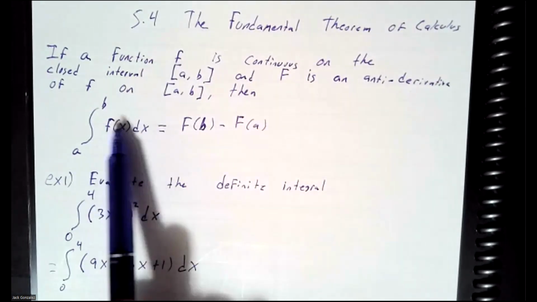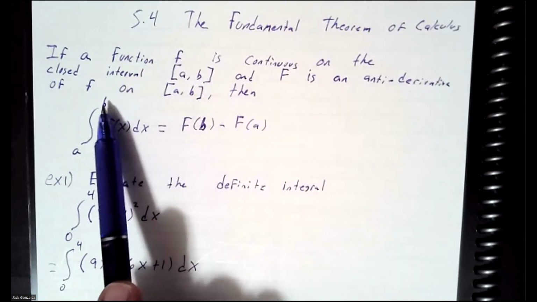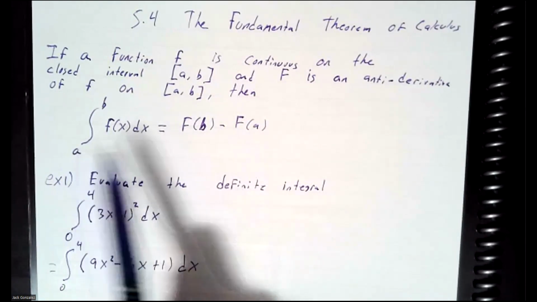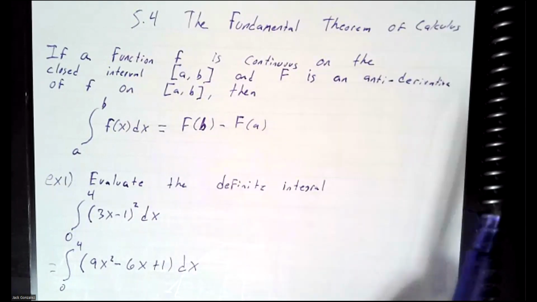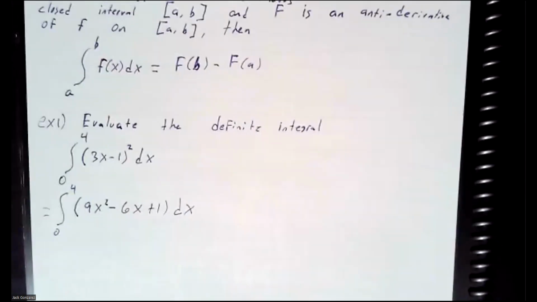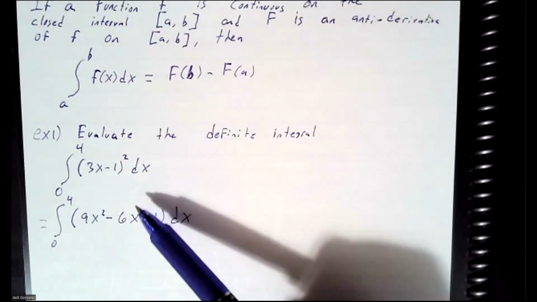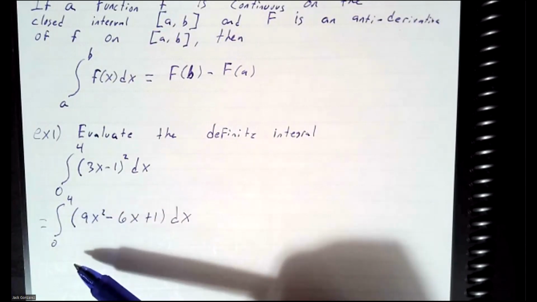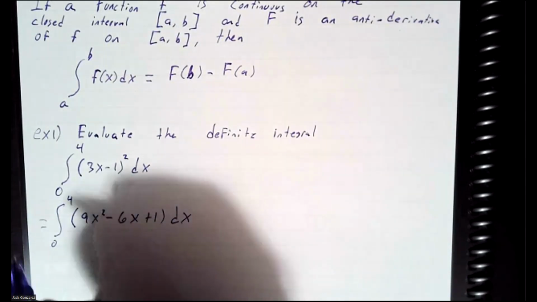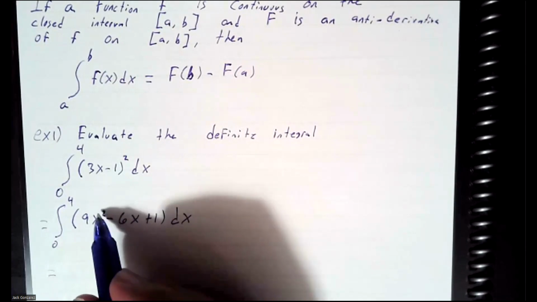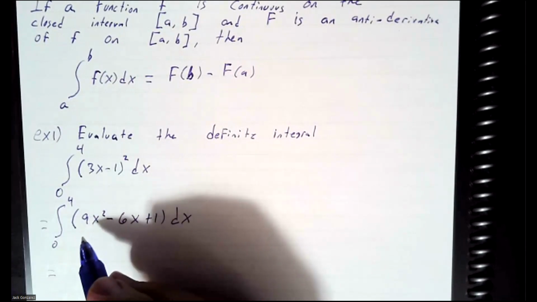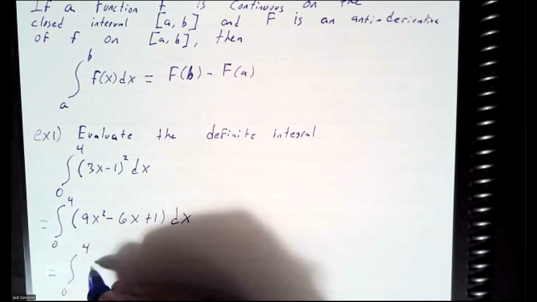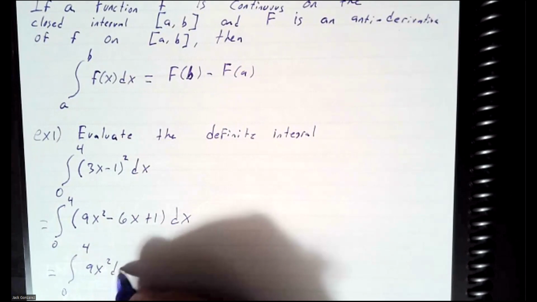You find the antiderivative and plug in the b, the upper bound, and subtract the function evaluated at the lower bound. So just do a minus and that's it. So example 1, do the antiderivative and then deal with the 0 to 4. And that's it. So do it term by term. Property of integrals lets you do it separately.